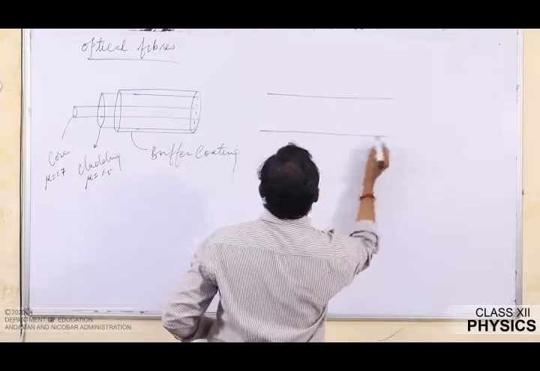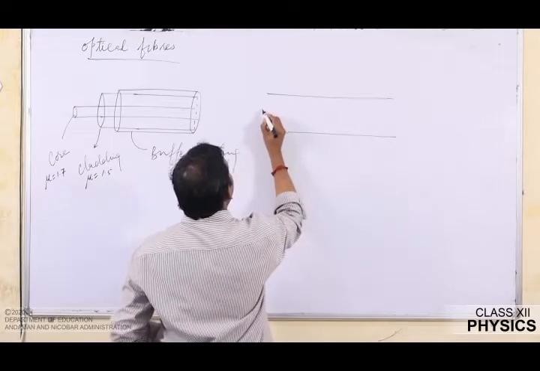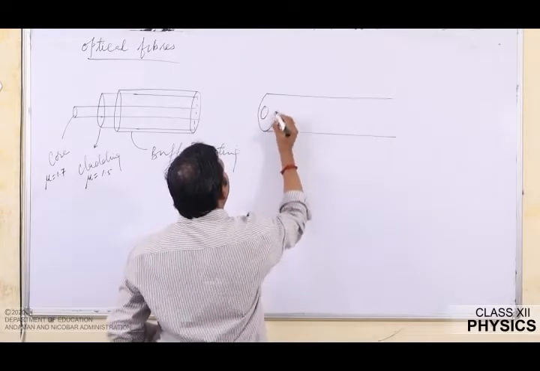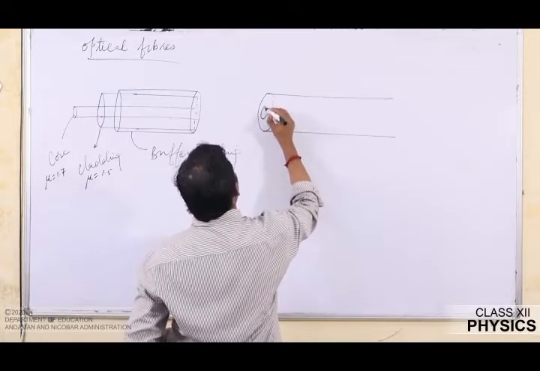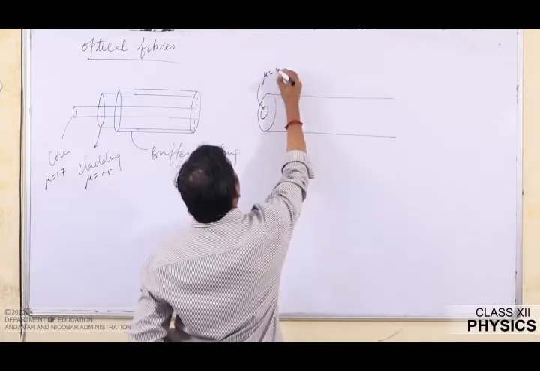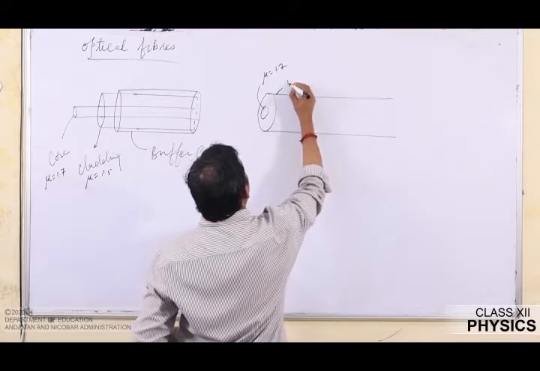We have the inner core whose refractive index is mu equal to 1.7, and the upper one is 1.5.